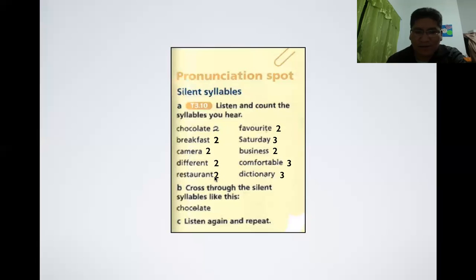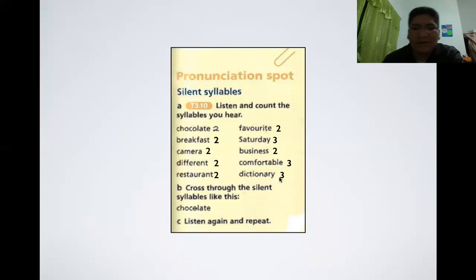Restaurant, favorite, Saturday, business, comfortable, comfortable. Dictionary, 3 syllables.